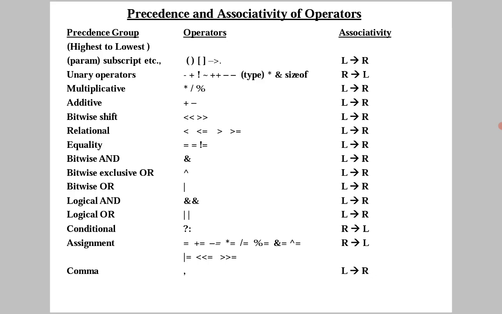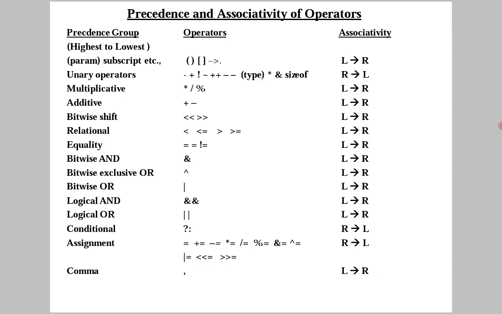What are the different types of operators used in C language? First one is arithmetic operators, second one is relational operators, third one is logical operators, fourth one is bitwise operators, and fifth one is special operators. So bitwise operators, what are bitwise operators?